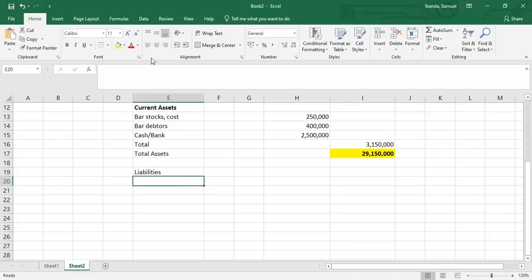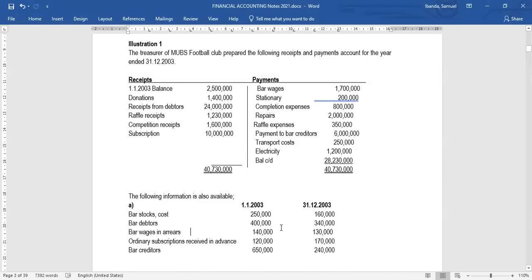Now my liabilities, I'll go back and look at what I have here. Remember these bar arrears, we said these are liabilities. So I'll start with these ones.